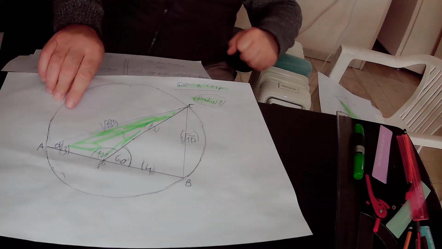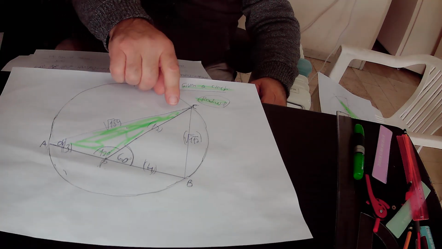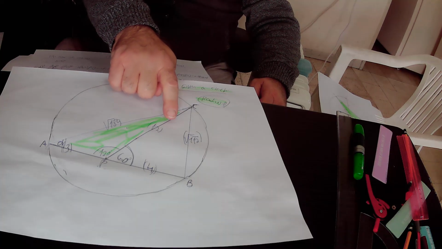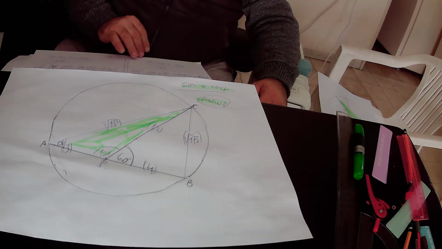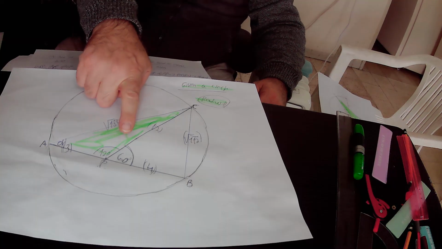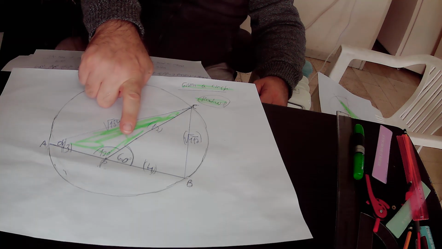Likewise, we implement the law of cosines on this triangle PCB. We choose angle theta as this angle, CPB, which equals 60 degrees in size.